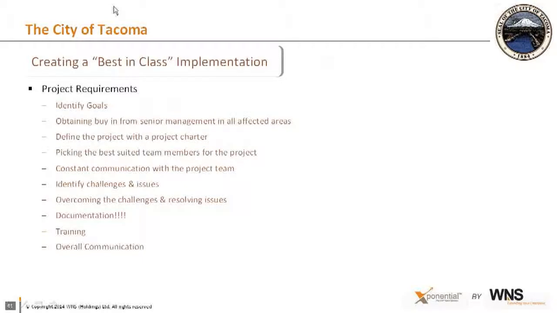Okay, the main things that we did was to make sure that we had a plan in place. The success of our implementation was achieved by having a goal and then following the steps shown on the slide here.